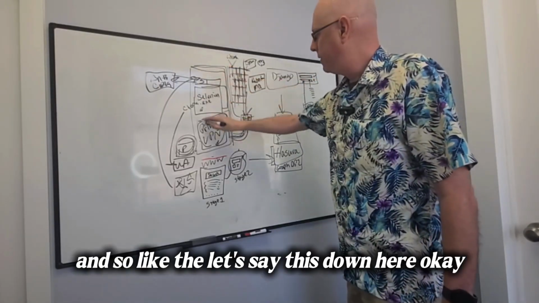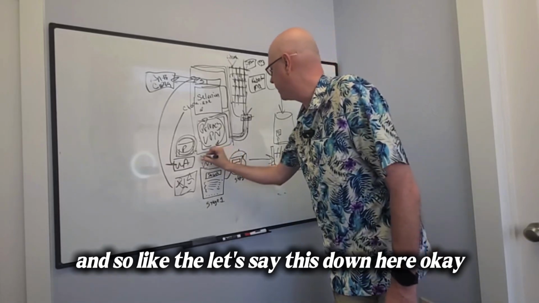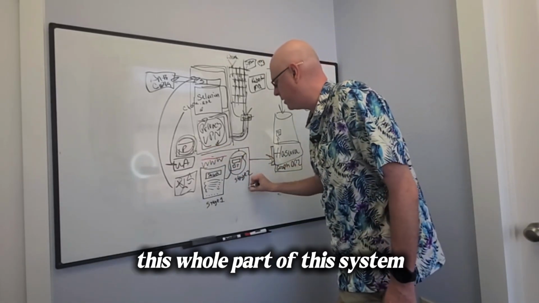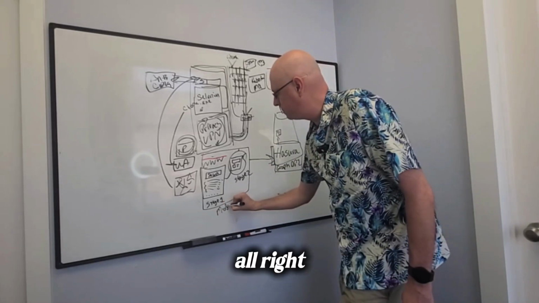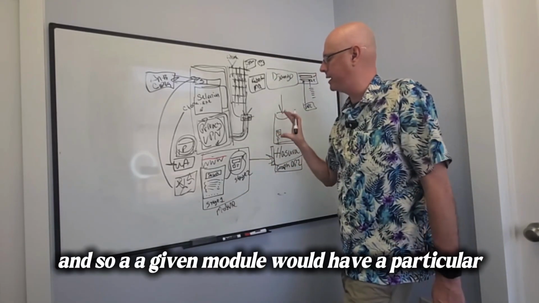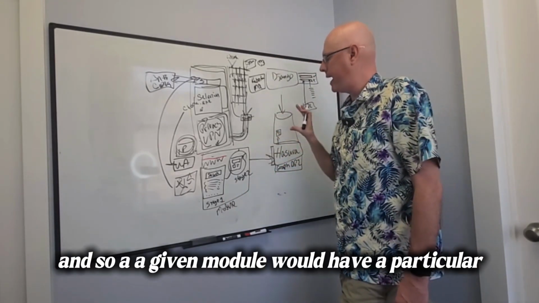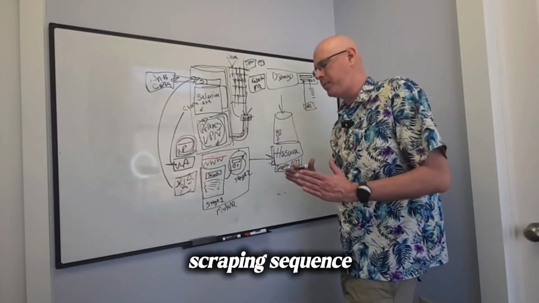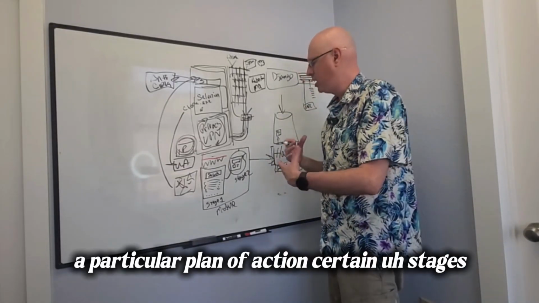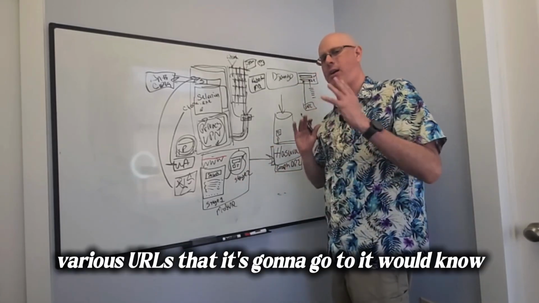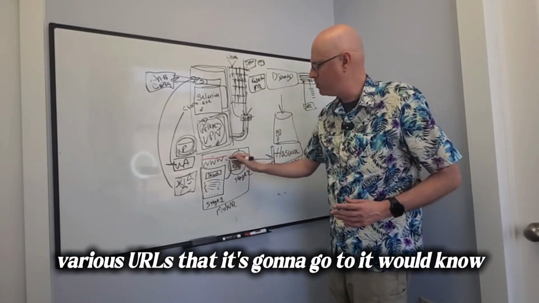Let's say this whole part of the system down here would be a module. A given module would have a particular scraping sequence, a particular plan of action, certain stages, various URLs that it's going to go to.